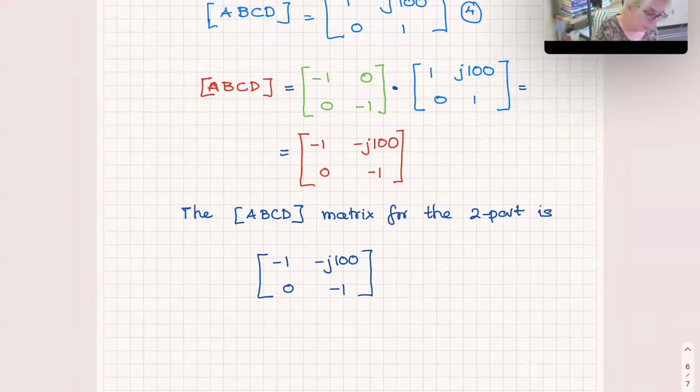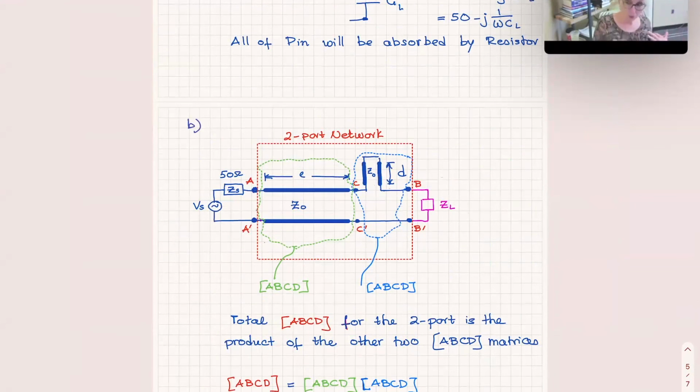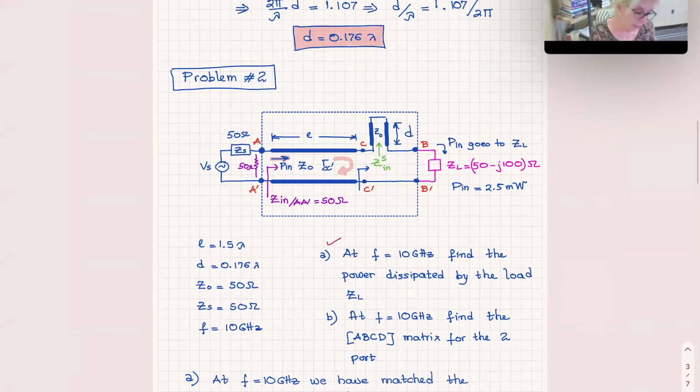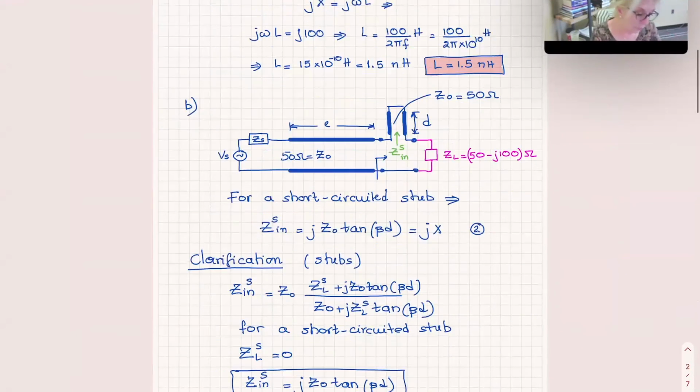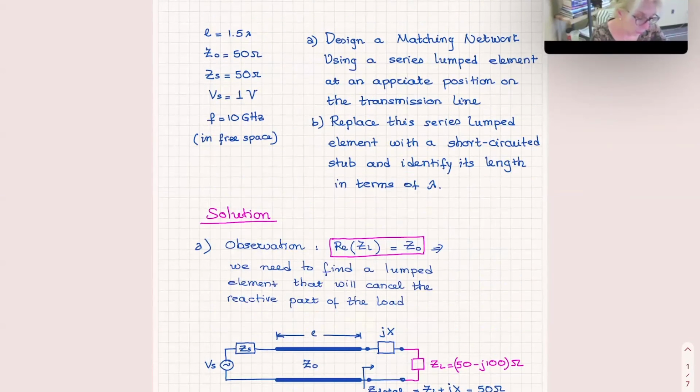So these are two separate problems, obviously. I'm not going to give you both of them. I'm going to give you only one. But if it's the first one, then you will have to find the matching network, and then first of all with the lumped element, and then with the stub, all right, in this particular example.